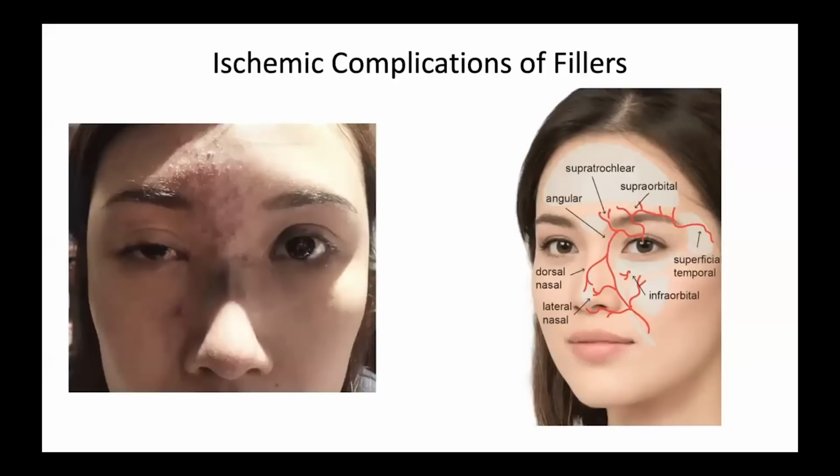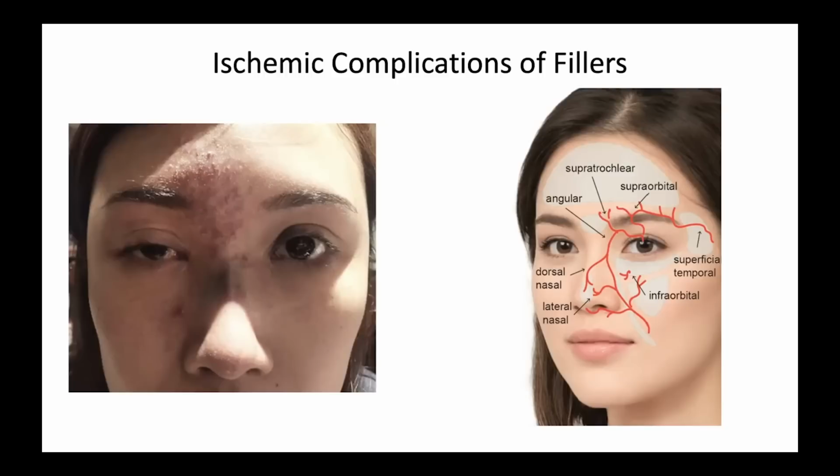The most dreaded complications, though, are these ischemic complications of fillers. It turns out that there's a very complex arterial supply around the face, and this actually extends to the area behind the eye as well.